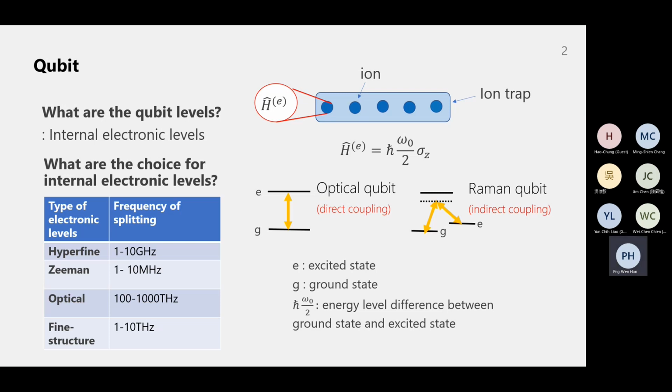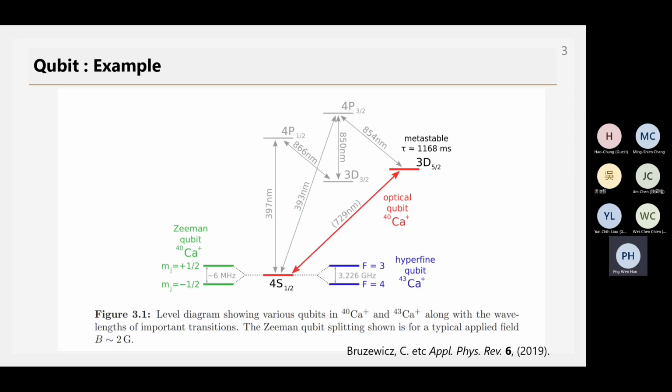Here is what it looks like in the energy level diagram, showing the energy levels of the 40 calcium ion. As you can see, we have the Zeeman splitting, the hyperfine splitting, and the optical transition. Each of these transitions can effectively be used as our qubit levels.